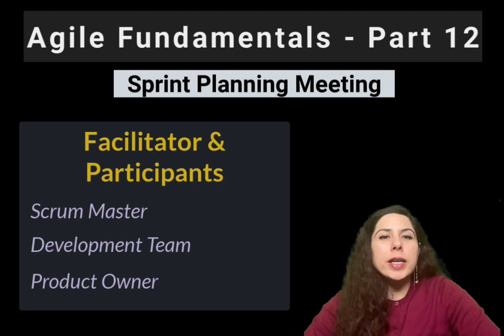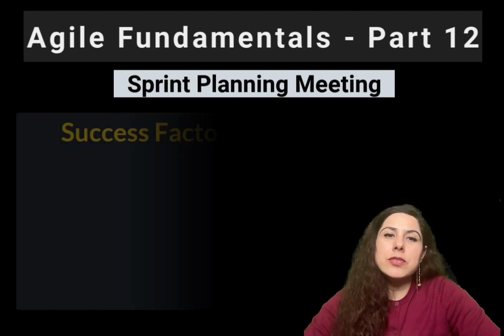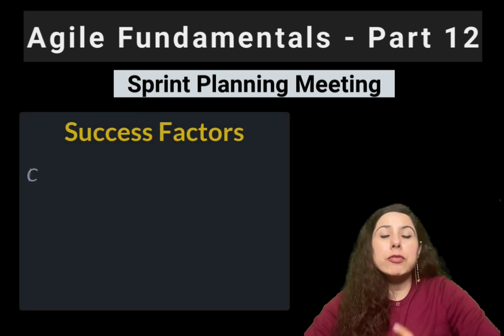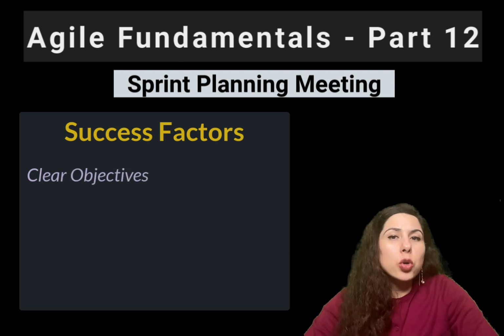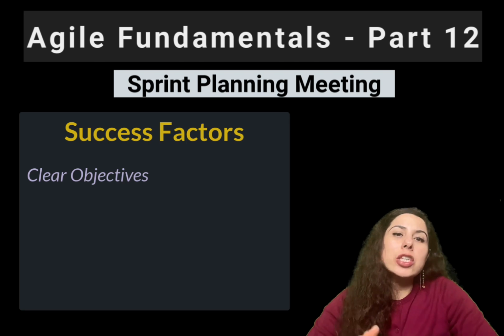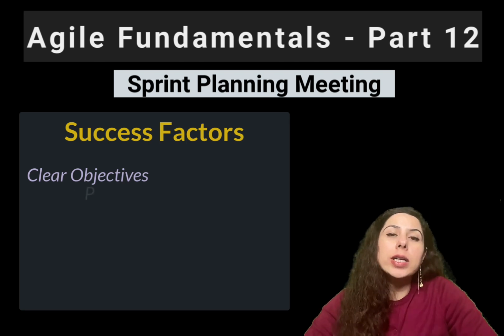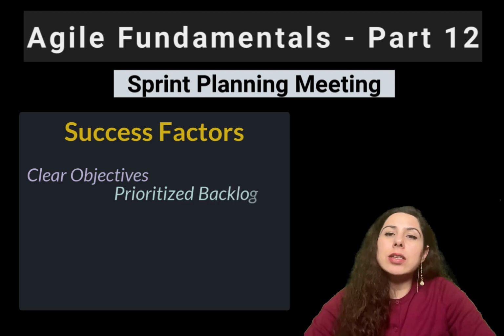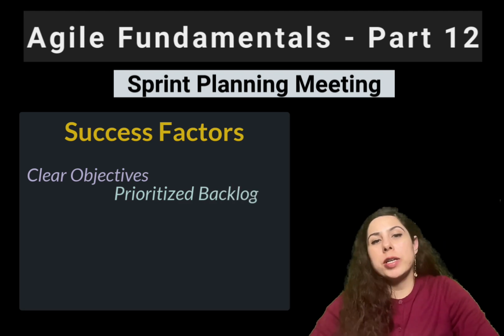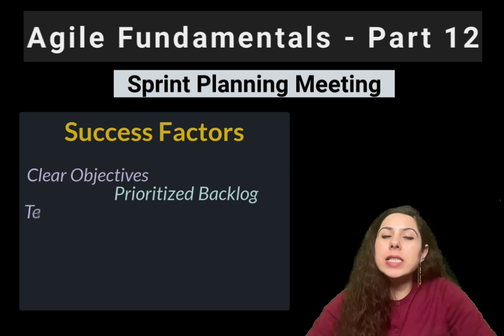Now let's move ahead and find out the key success factors of this meeting. First, clear objectives. Clearly define the sprint's goal and expectations for each work item. Second, prioritized backlog. If a backlog is prioritized, it's easier for the team to do sprint planning. Third, engaged team.